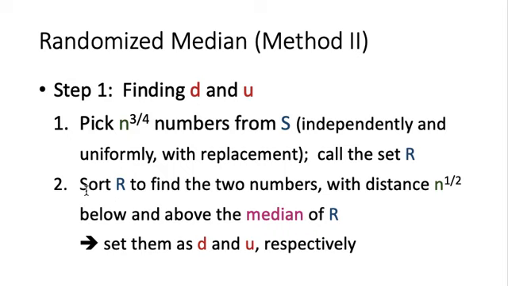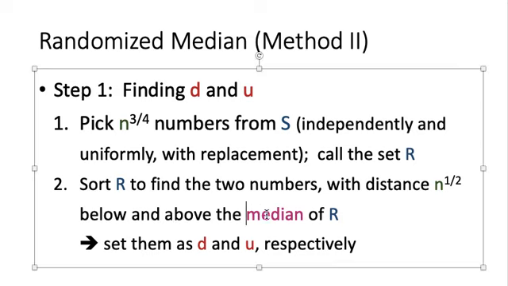And next, we are going to sort R to find two numbers, such that these two numbers are having distance roughly square root n below and above the median of R, so that I'm using a different color here. So this is the median of R rather than the true median of S, okay? And then these two numbers, we set them as D and U respectively for our purpose.